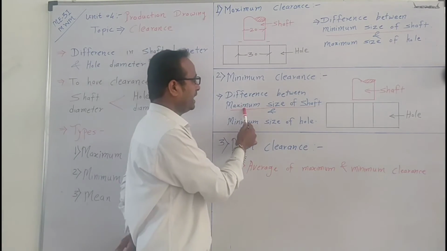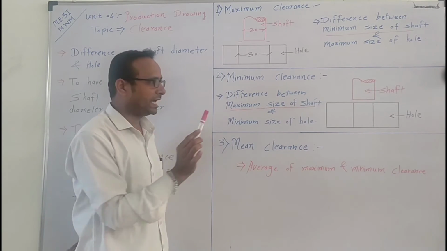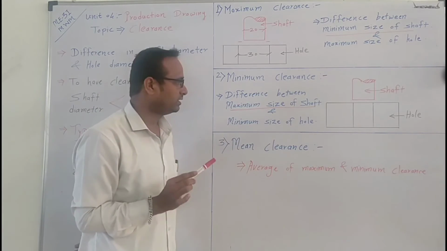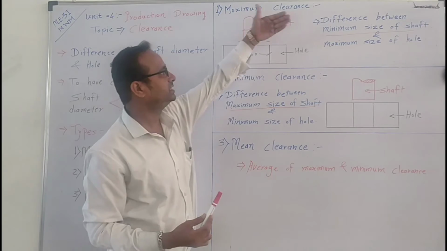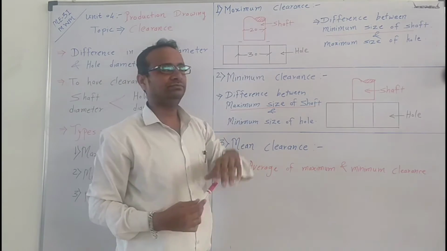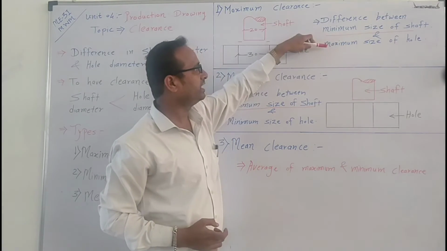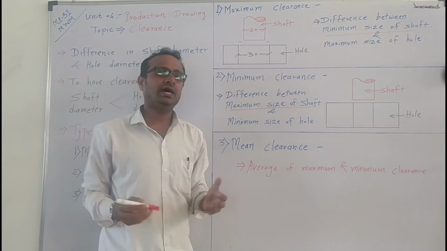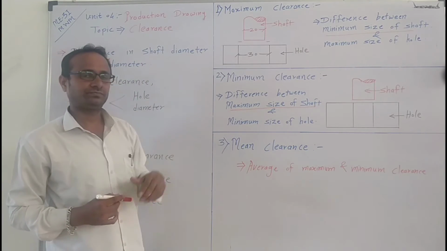in this case you have to consider the maximum size of shaft whatever is given and the minimum size of hole. The reverse condition is there in the maximum clearance. Here the minimum size of shaft and maximum size of hole, that means the shaft is clearly and easily fitted into the hole.